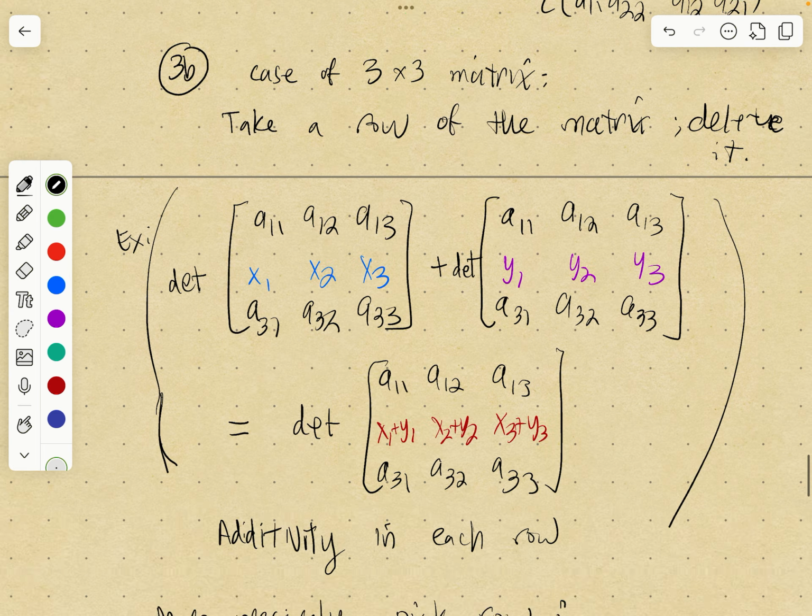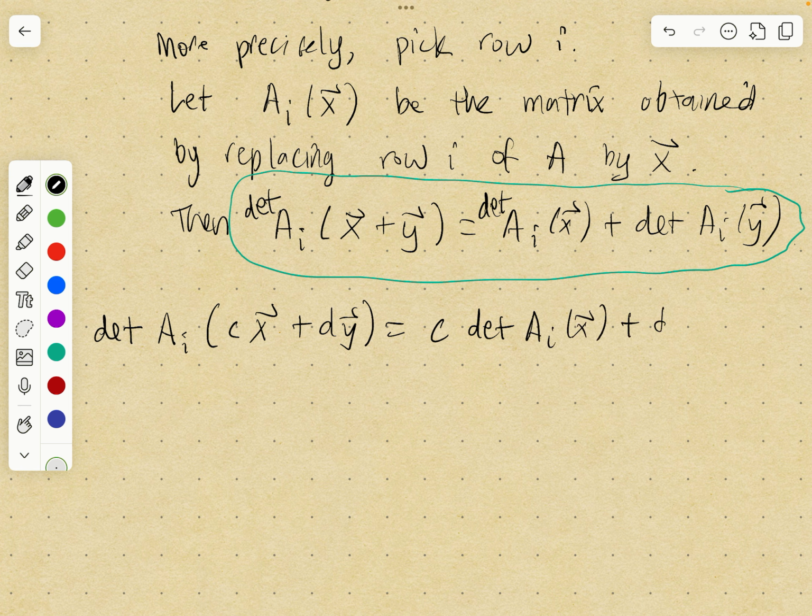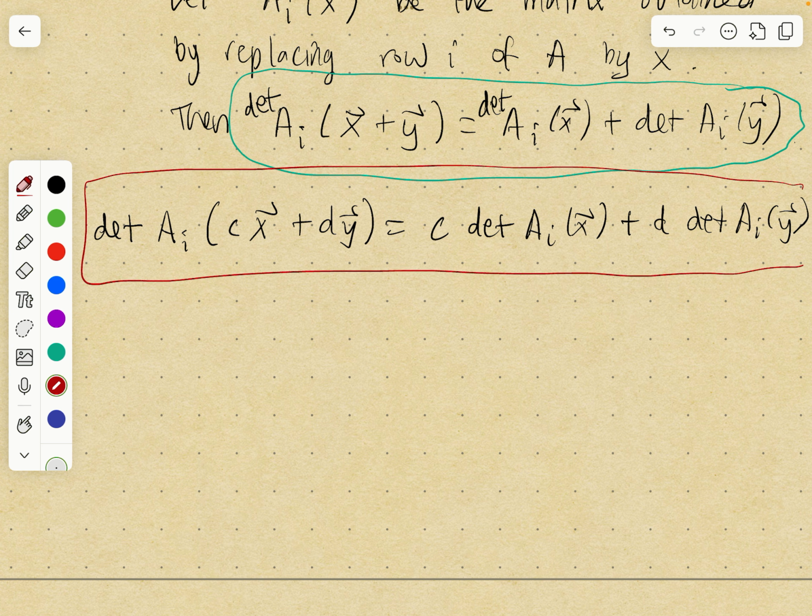So then what 3b and 3a combined are saying is that the determinant of A sub i, cx plus dy is equal to c times the determinant of A sub i x plus d times the determinant of A sub i y. So that's what it is saying when you put it all together.